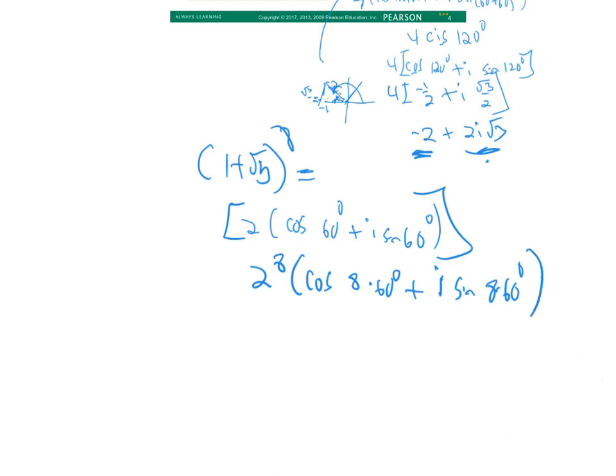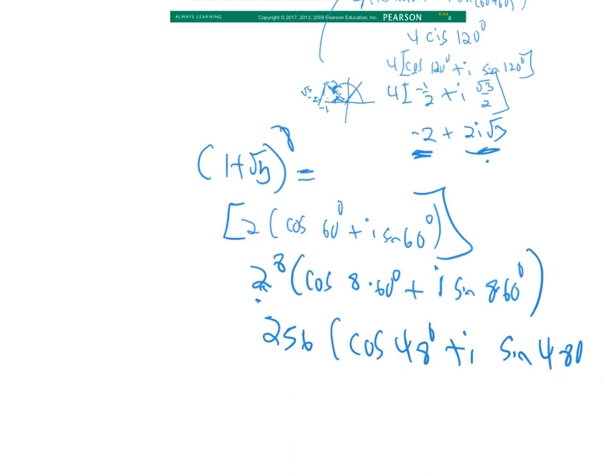And we would just shorten that out to, what is 2 to the 8th? 2, 4, 8, 16, 32, 64, 128, 256. 256 cosine of 8 times 60 is 480 degrees plus I sine of 480 degrees.